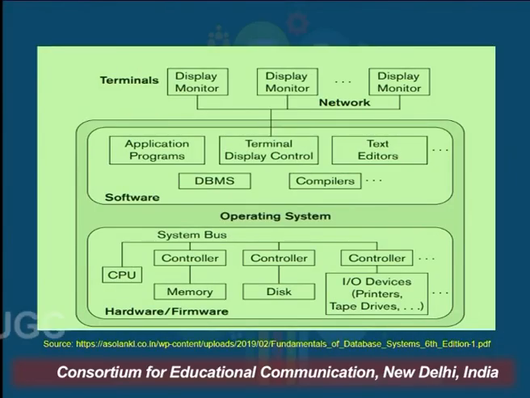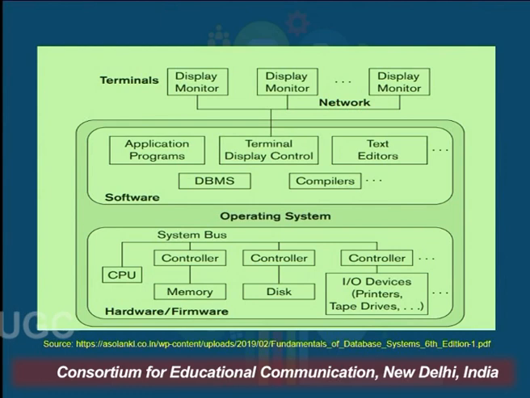So here you can see there are display monitors. These are just the display terminals, as I have told you. Then these are connected to the central mainframe computer, which is shown in a big rectangle, with the help of communication networks, as shown in the figure.